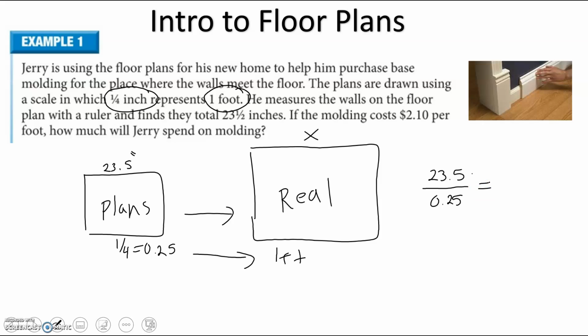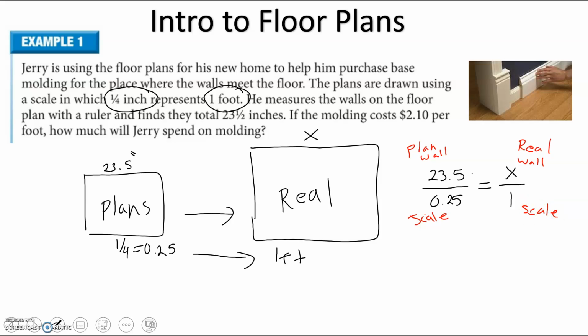So the 23.5 in real life is X in length, and the 0.25 in real life is 1. What you're going to notice is that on the left side, we have the plan, the wall over the scale, and on the other side, we have the real, the wall length over the scale.